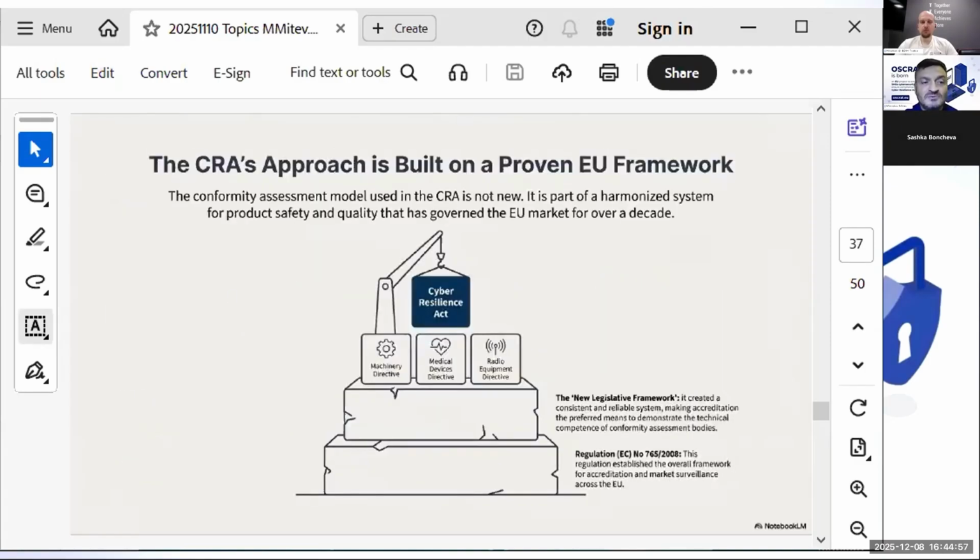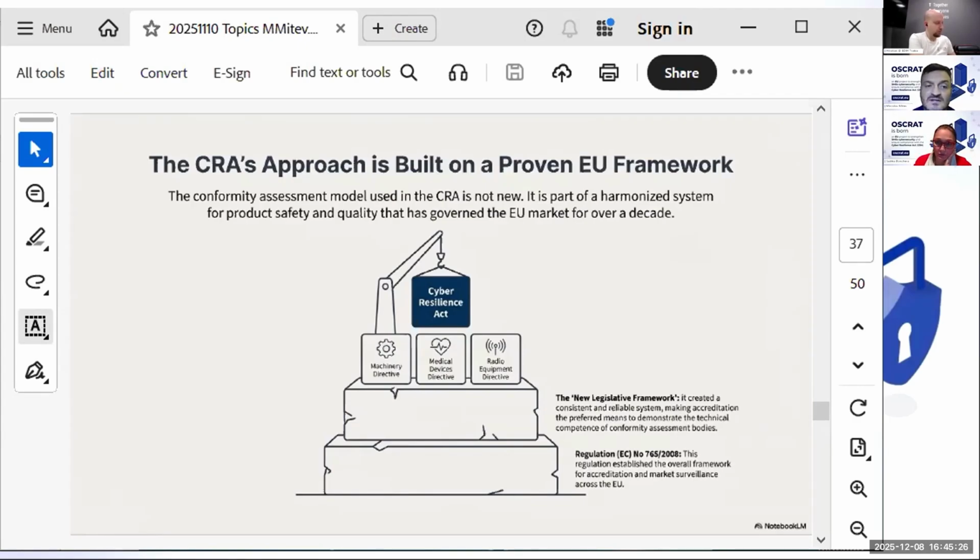The CRA approach is built on an existing European Union framework that has been used successfully for many years. Europe already has a strong system for product safety and quality, covering areas such as machinery, medical devices, and radio equipment.